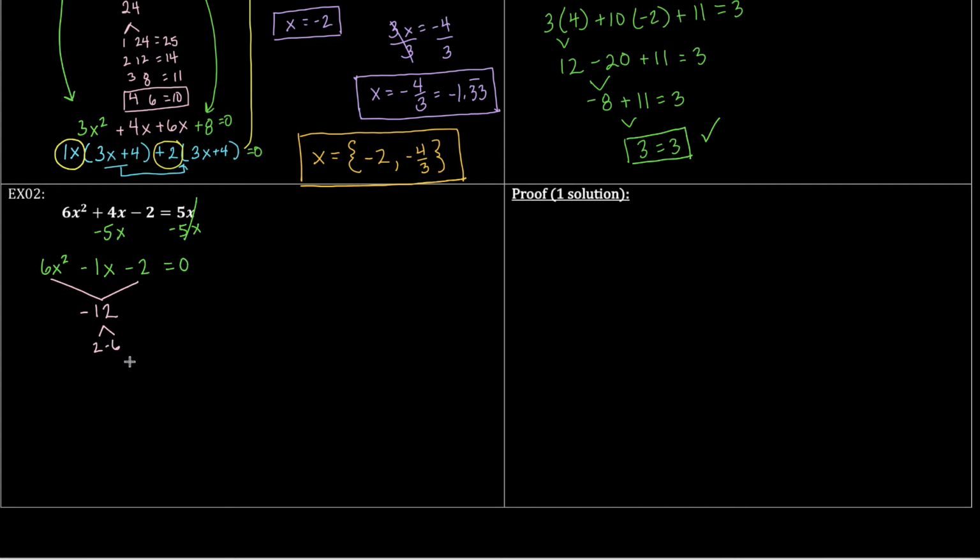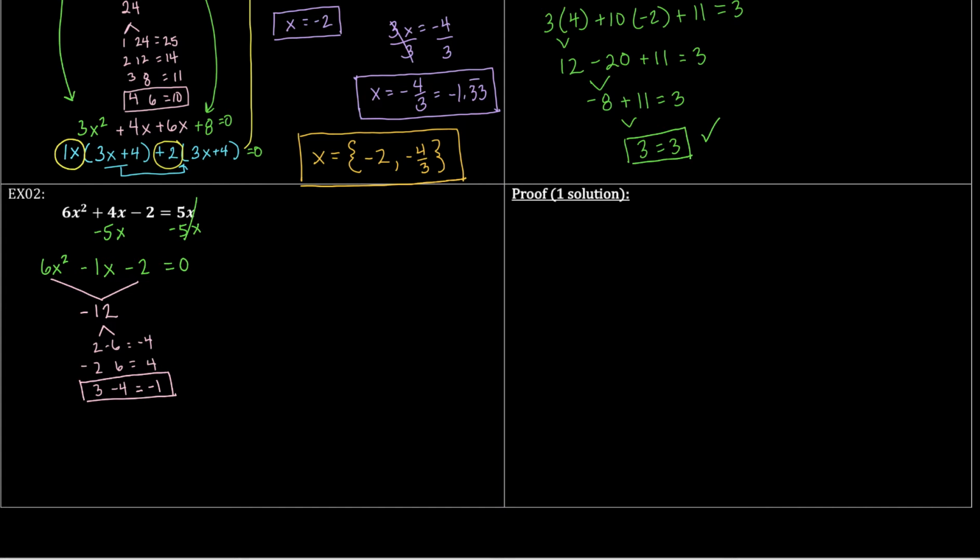So 2 minus 6 is negative 4. What about negative 2 and positive 6? That's positive 4. That's not going to work. What about 3 and negative 4? That gives me negative 1. Okay, that'll work, because 3 times negative 4 gives me negative 12, and 3 minus 4 gives me negative 1.